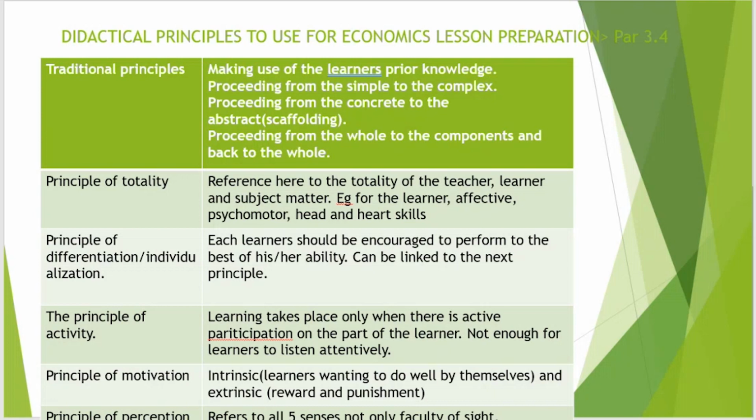And this principle of differentiation, also called the principle of individualization, can be linked to the next principle, which is the principle of activity. What is this? Very important, as the name implies. The learner must be active in class. Learning takes place only when there is active participation on the part of the learner.